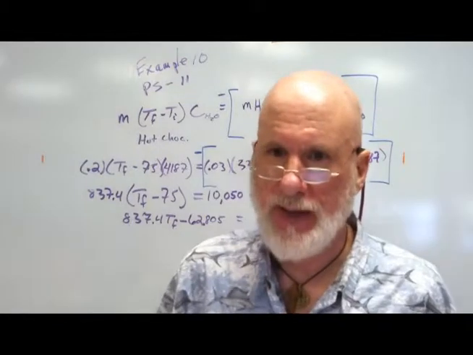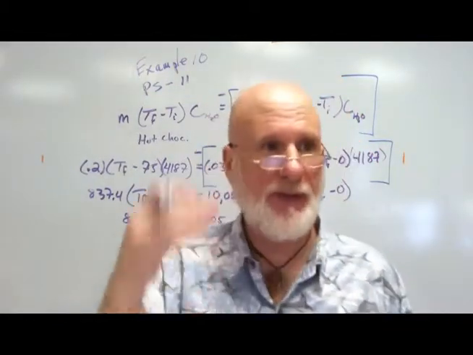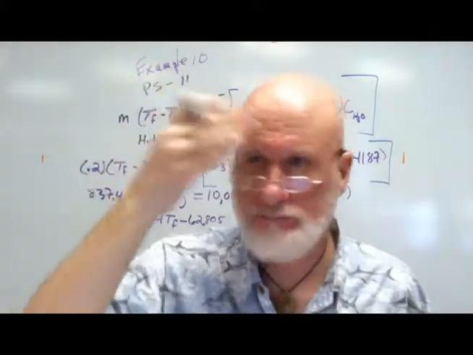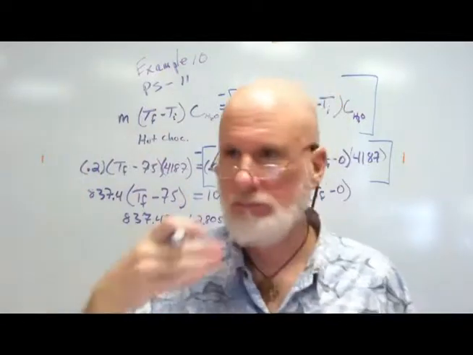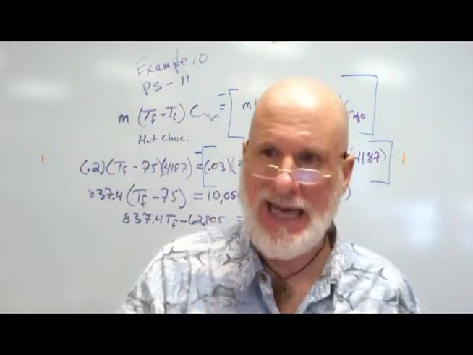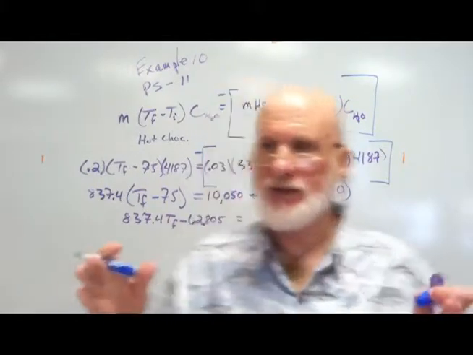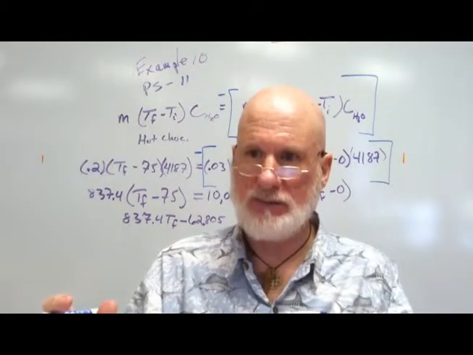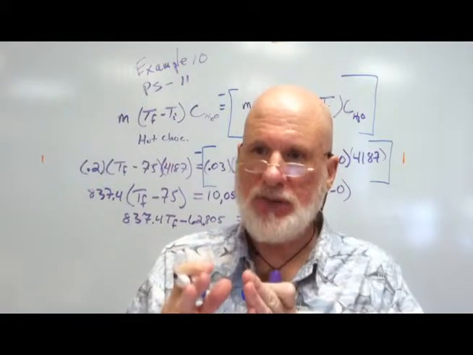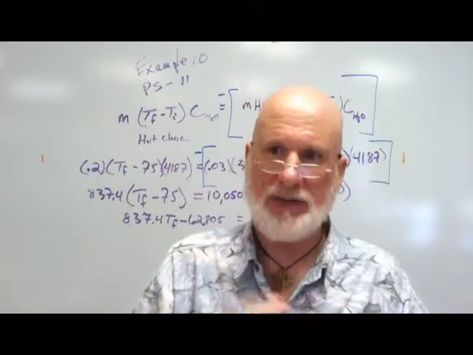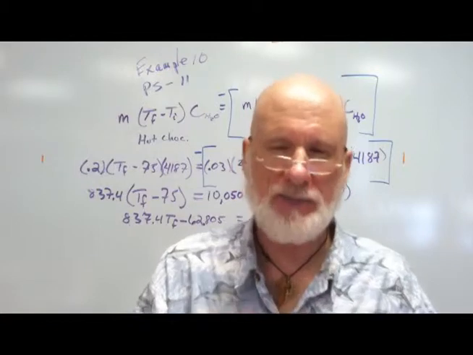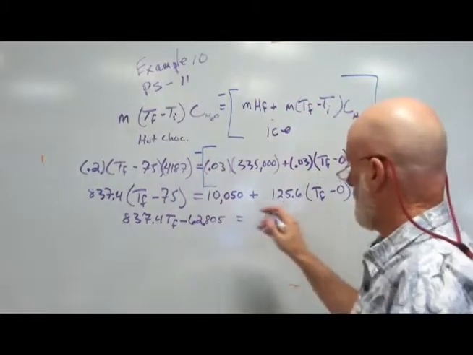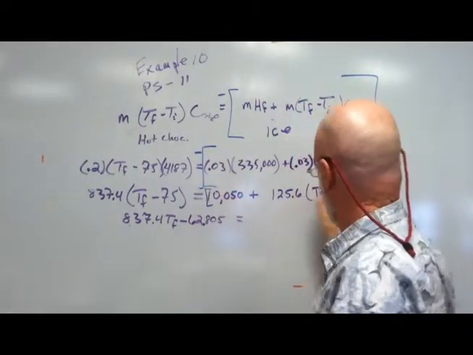Otherwise, you'll get a number that's lower than it should be. Do you see how the answer has to be between 0 degrees, the ice, and 75 degrees, the hot chocolate? It's going to be somewhere between there. If you didn't put the negative sign, your value is going to be less than 0. It usually becomes less than the lower value if you don't put in that negative. So you got to make sure that the negative is in here.